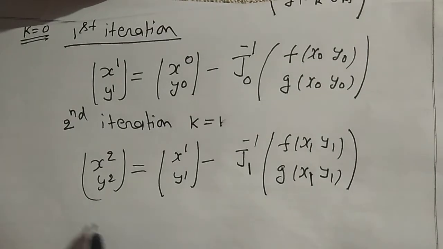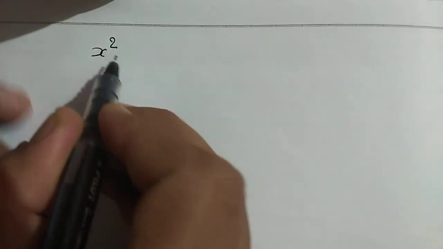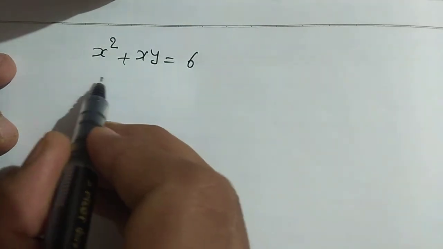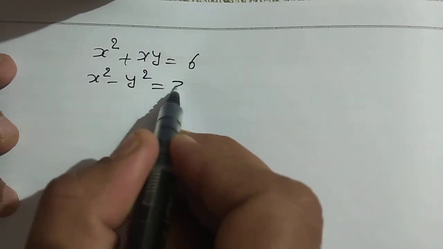Okay, so let us take one problem and try to understand how we apply this formula. So the question is, solve the system of non-linear equations x square plus xy equal to 6 and x square minus y square equal to 3.